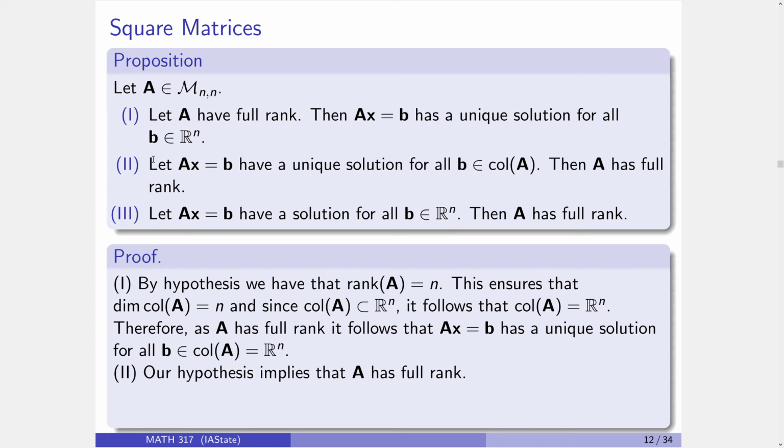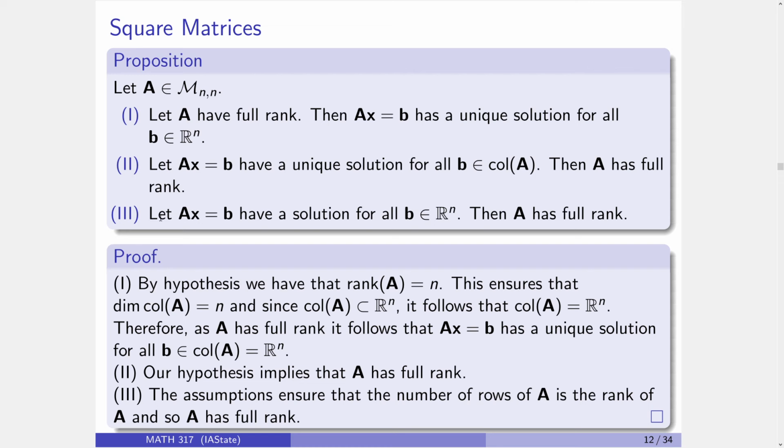Alright, so as I noted in point 2, the hypothesis that Ax equals b has a unique solution just means you have full rank, right? We've already proven that this is equivalent to being full rank, so it's just worth reiterating. We did change the sizing here from rectangular to square, so it's worth reaffirming that. Now, the next one is a more interesting one, because again, this is what's not true for rectangular.